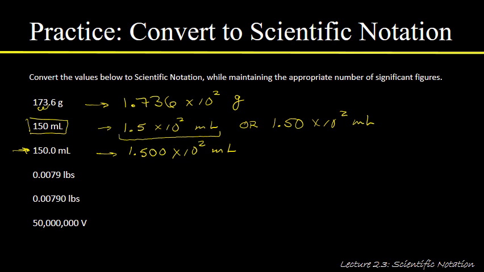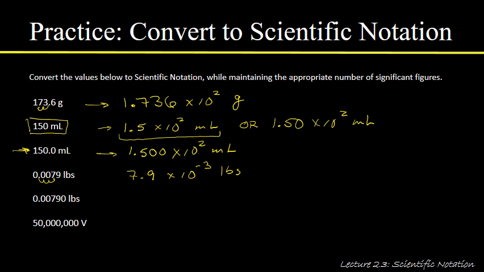All right, 0.0079 pounds. Our number will be 7.9. And then we look at how many spots we have to move the decimal. 1, 2, 3. We have to move the decimal over 3 spots. And this is a number less than 1. So that's 10 to the minus 3 pounds.